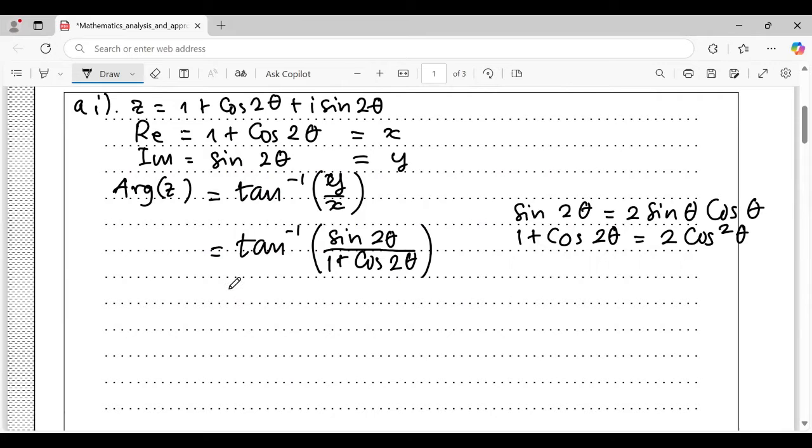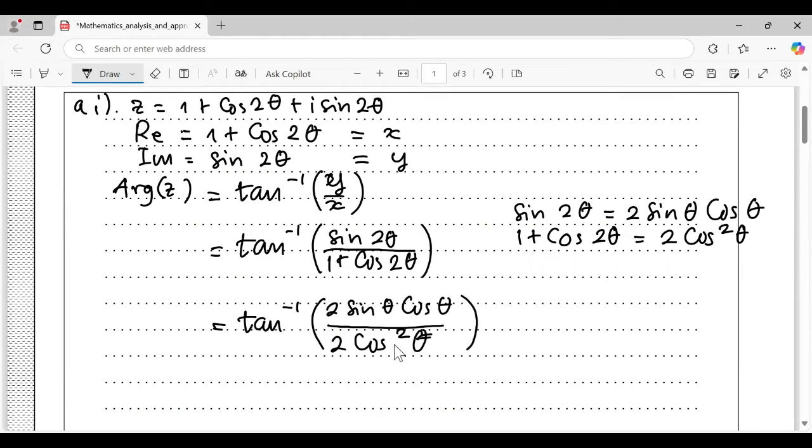Based on this information, accordingly, this expression we can write as 2 sine theta cosine theta over 2 cosine squared theta. The 2s divide to 1, and one cosine theta divides to 1.